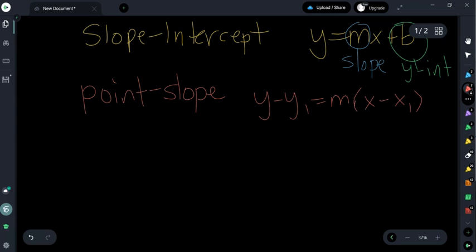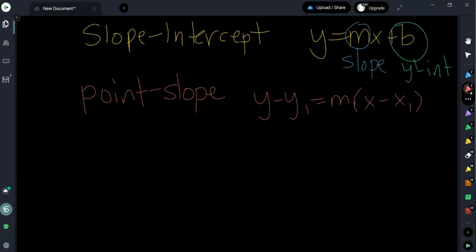It represents another format of the same line we're talking about with slope-intercept. So you can take a single line and put it in any format you want and manipulate the equation any way you want.